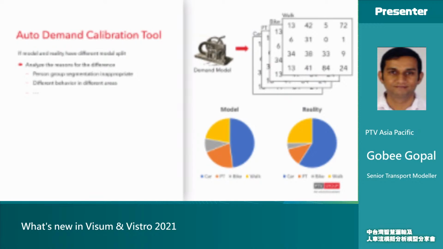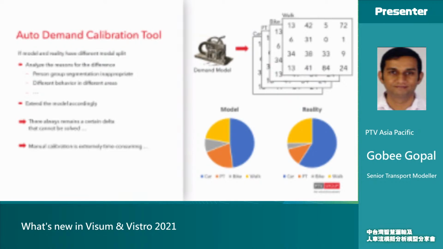Analyze the reason for the difference: person group segmentation inappropriate, or different behavior in different areas, then extend the model accordingly. There always remains certain data that cannot be solved. I think most demand modelers know about this.